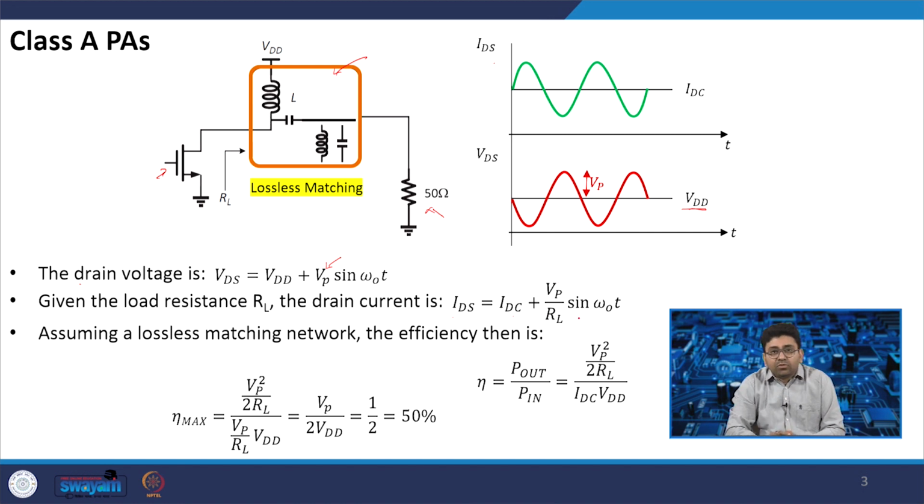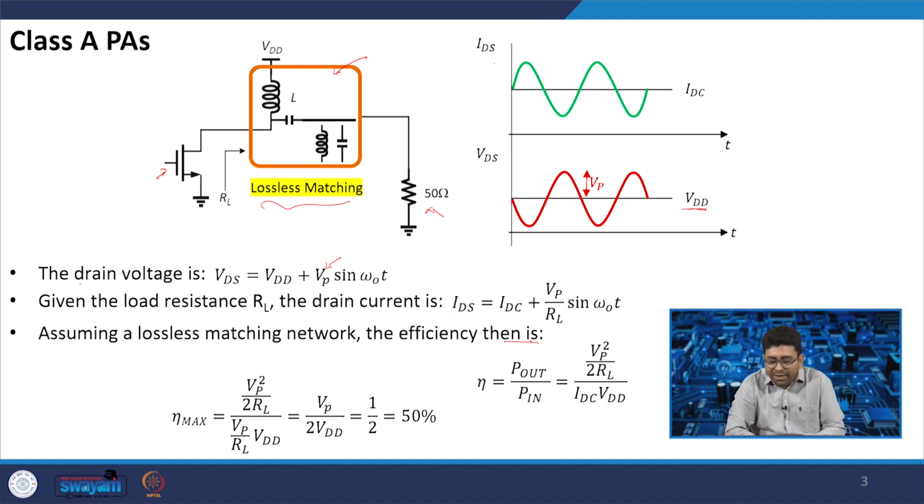If we assume the lossless matching network, so this matching network which we are designing to transform the impedance which we are looking from this side to 50 ohm, if we consider it as lossless, the efficiency we can write as P out by P in.